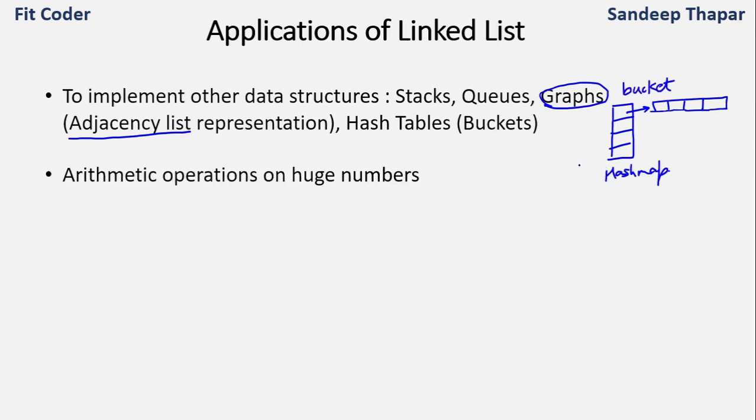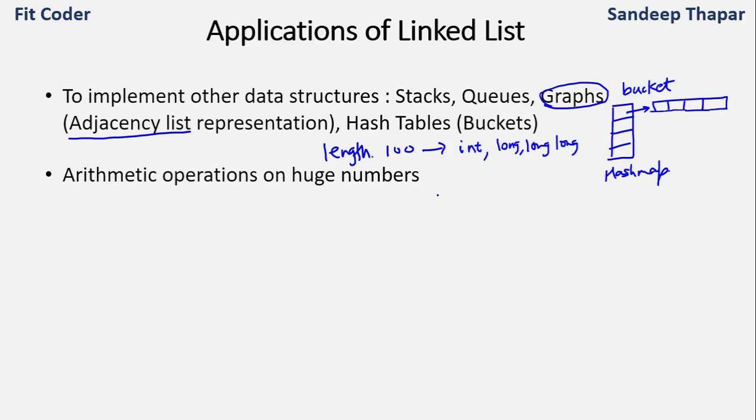Another application is if we have to store huge numbers. Let's say we have a number of length 100. A number of length 100 is quite big to be fitted in any of the standard data types like int, long or long long. Such a huge number cannot fit into any of these data types.